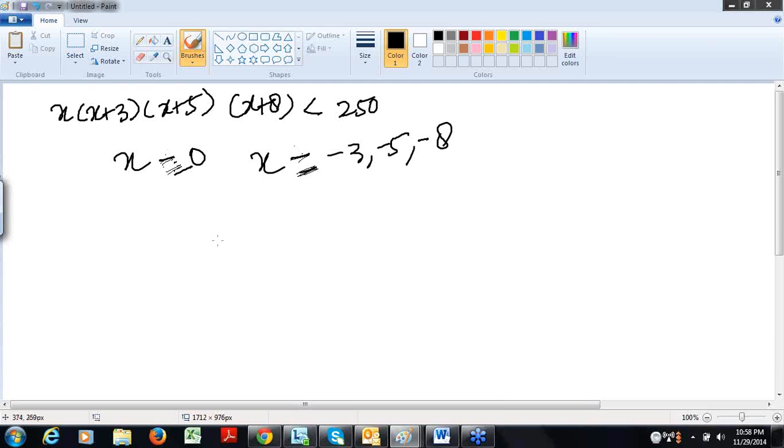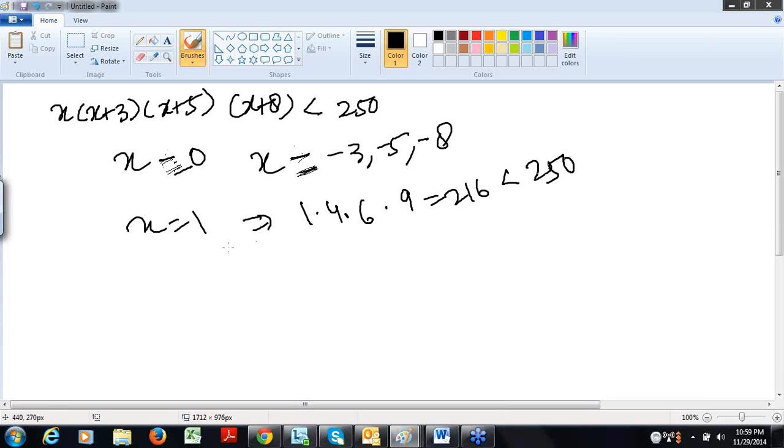Now let us drill a little further. Put x is equal to 1 in the equation. It becomes 1 into 4 into 6 into 9, which is 216, which is less than 250.